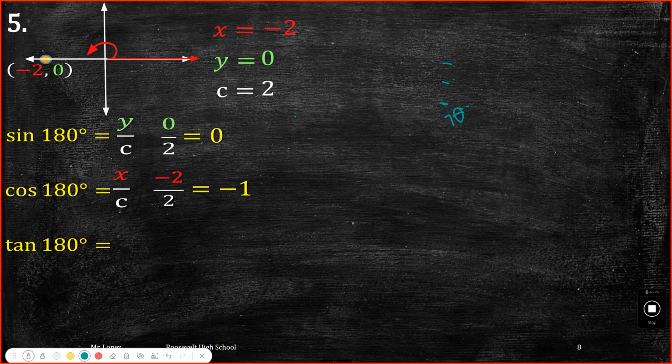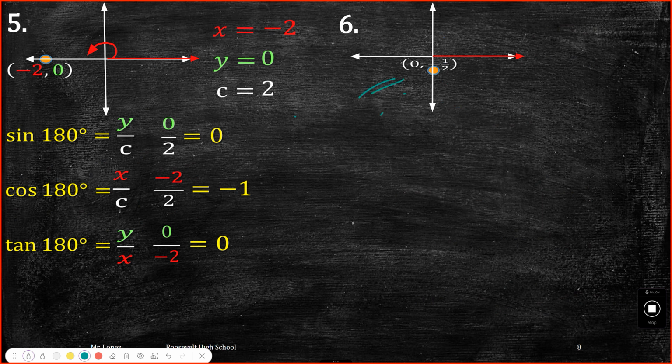Tangent of 180. Y over x. 0 over -2 is, what is it? 0. And if you get one down there, even if you get a fraction one, it still doesn't matter.